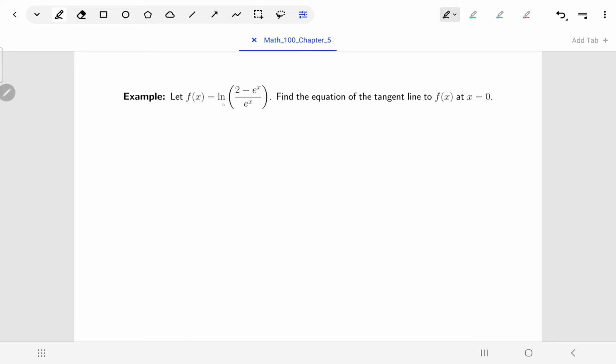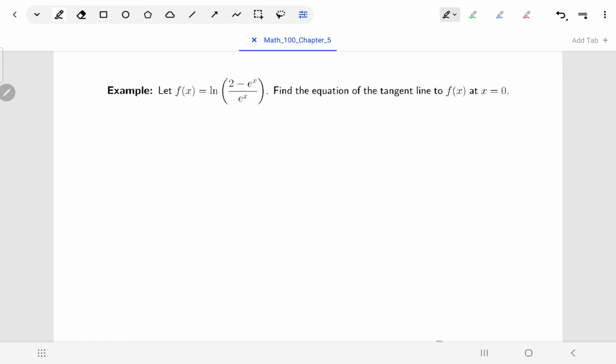Right now, if I'm looking at this, I can see that I've got a function inside of a function. I have all these e to the power ofs inside of my natural log. So that's definitely going to be a chain rule. And then when I do the derivative of the inside, that's going to be a quotient, and I'll have quotient rule to deal with. There's a couple of ways that we could possibly rewrite it.